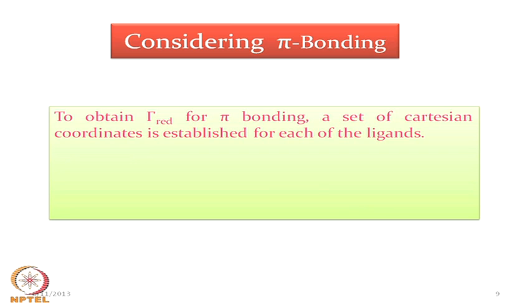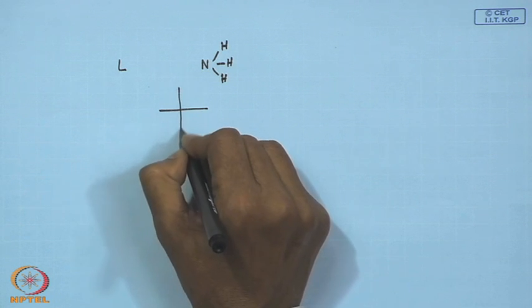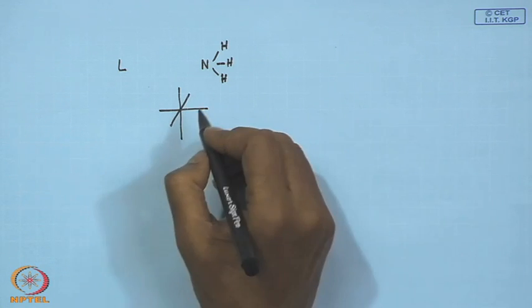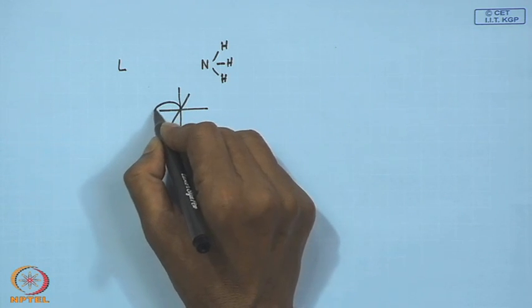Whenever we have these pi bonding interactions, if we have the ammonia molecule as the ligand, we will find that from this ammonia molecule we have 3 orbitals available: one is px, another is py and another is pz.